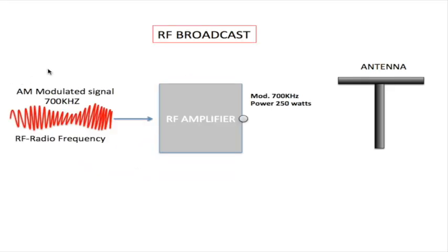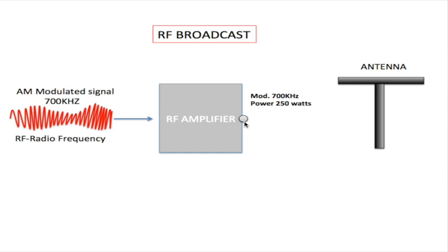Now here we have our AM modulated signal, 700 kilohertz. We call this RF, which stands for radio frequency. Now this AM modulated signal is still too weak to send directly to the antenna. So what we have to do is to send it into an RF amplifier, radio frequency amplifier.